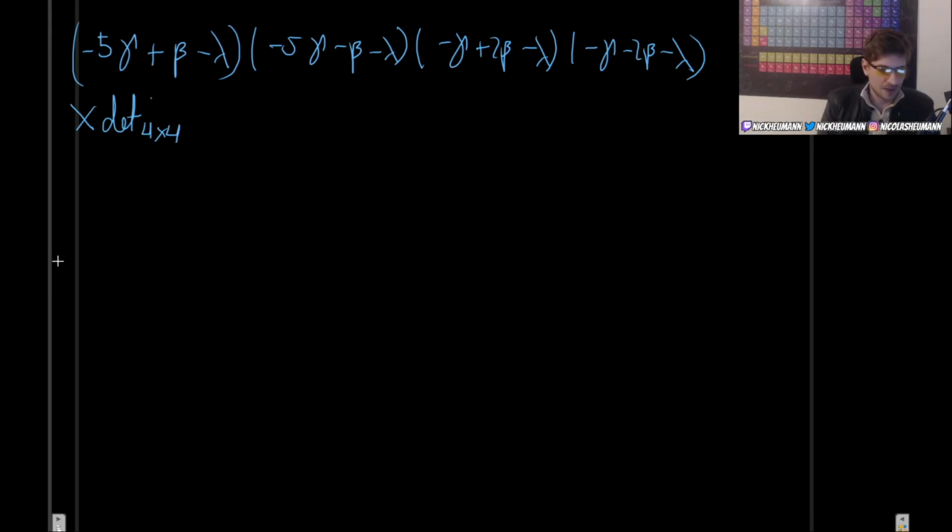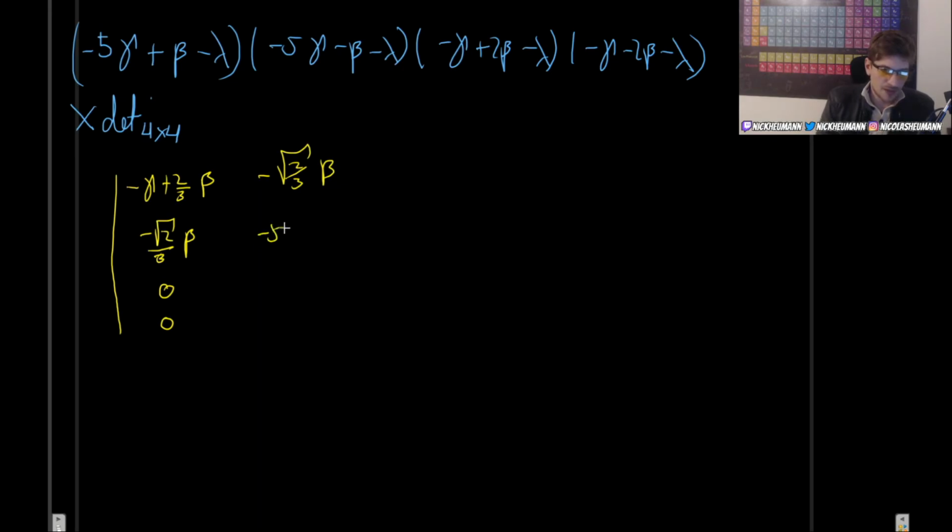So what is that thing? Let me now just sketch the 4 by 4 matrix. That would be gamma minus 2/3 beta, minus gamma plus 2/3 beta. Then we have minus square root of 2 over 3 beta, 0, 0, minus square root of 2 over 3 beta.